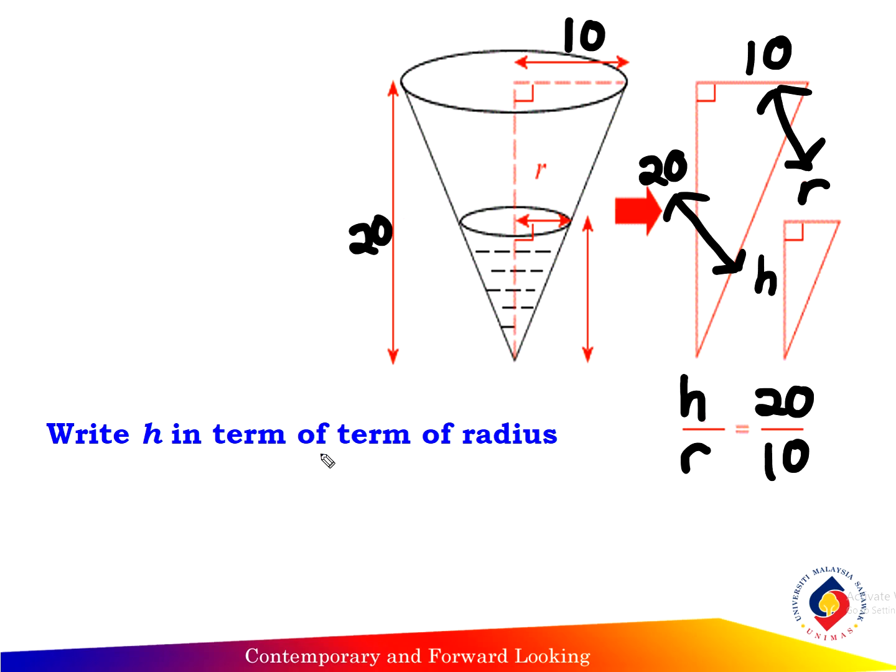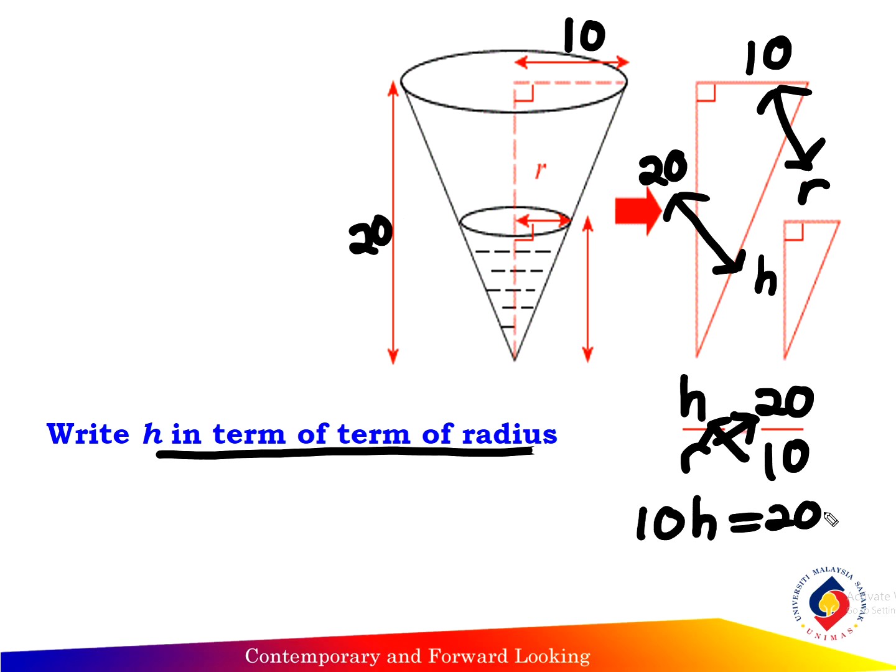Okay, and the method here: write down h in terms of the radius. So you cross multiply, radius times 20 centimeters equals h times 10 centimeters. So the left hand side here, 10h equals 20 times the radius.